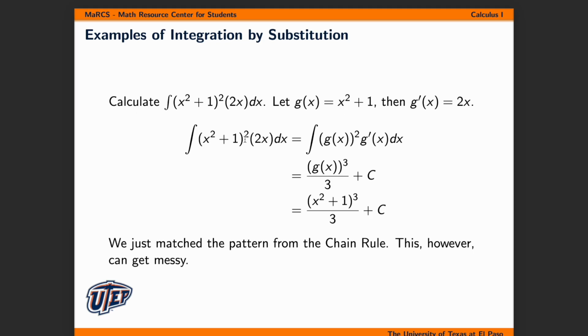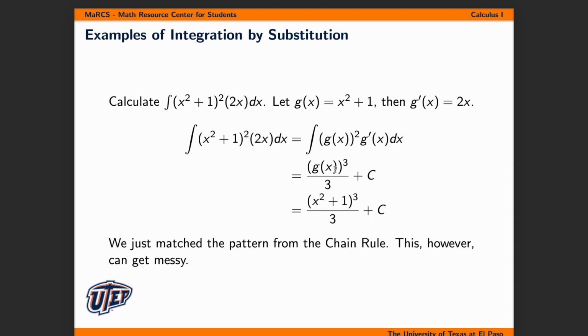So that means that the indefinite integral will be plugging back in our g of x raised to the power of 2 times g prime of x with respect to x. So the indefinite integral, recall, was our antiderivative composed of g of x plus our constant of integration. So then the integral of g of x to the 2 will be g of x to the 2 plus 1 divided by 2 plus 1.